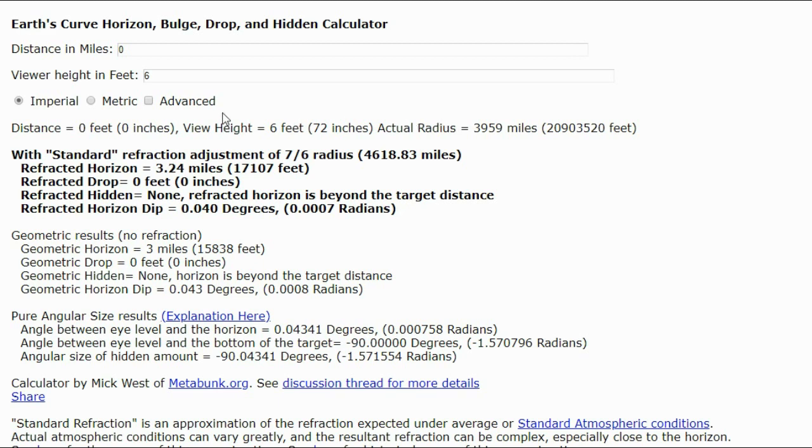Okay, I've already put something in here. I'm saying that the viewer's height is 6 feet, which is 72 inches, and it's giving me a few little things here. What I'm really interested in here is the angle to the horizon.